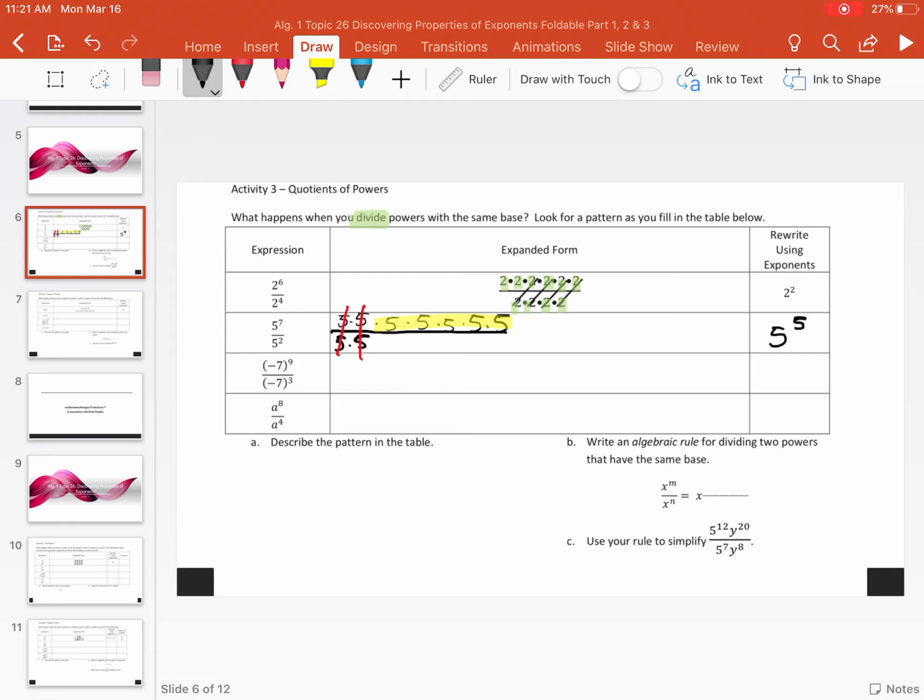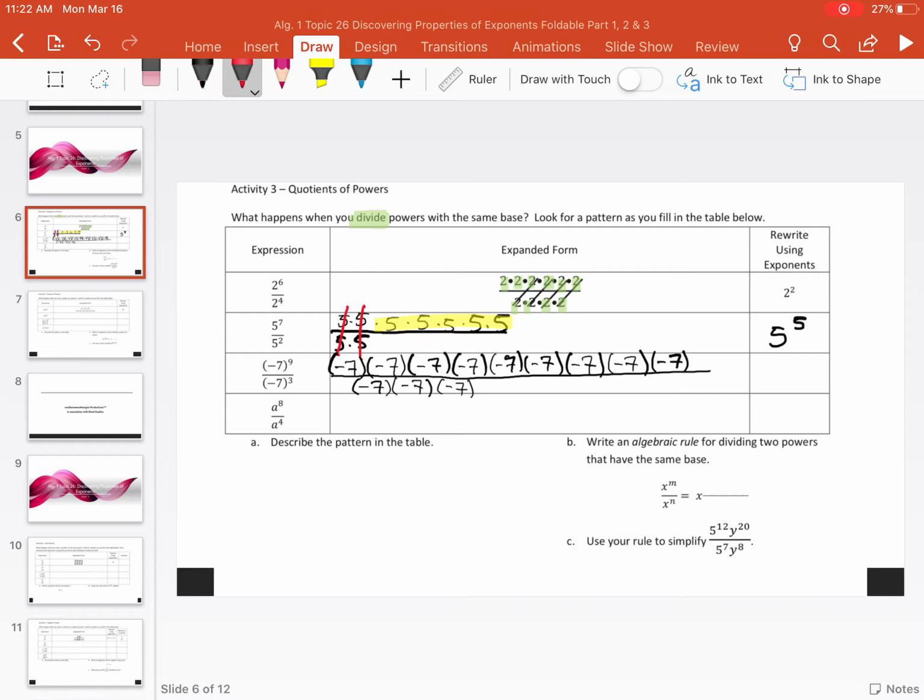If we expand this, we get negative 7 times negative 7, nine times in total, over negative 7 times negative 7 times negative 7.